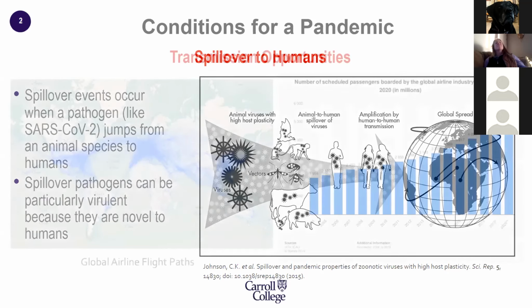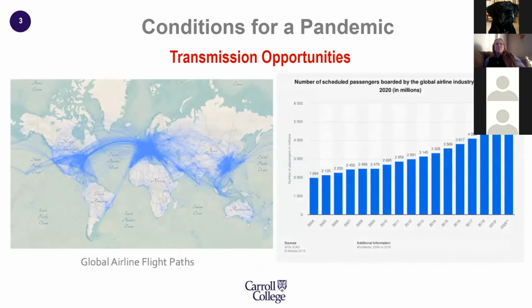The second condition that makes pandemics even more likely is increasing the transmission opportunities, which the map on the left shows you quite vividly: how global transport by airlines has enabled transmission of pathogens, once they are acquired by human hosts, to become quite effective.